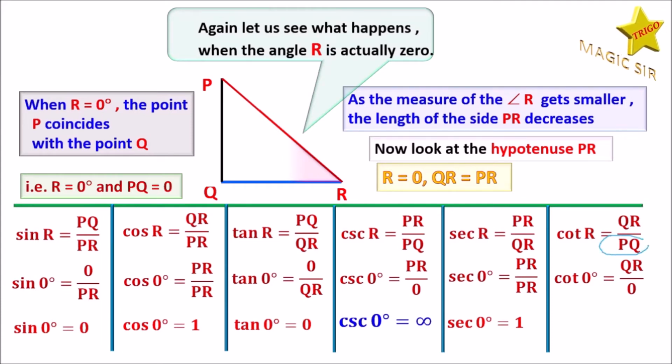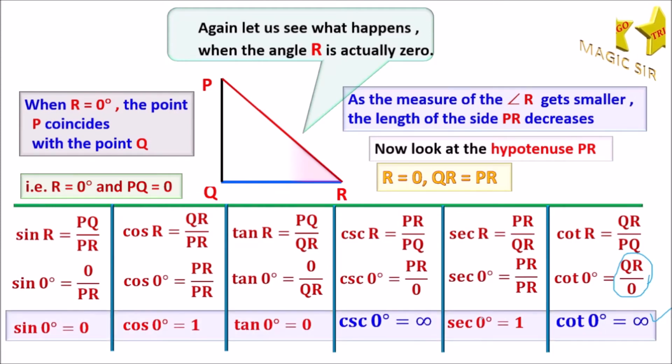So we put R equal to 0 degrees and PQ equal to 0. Here QR equal to PR is not necessary as PQ is equal to 0. So QR upon 0 is not defined. So we have cot 0 equal to QR upon 0.